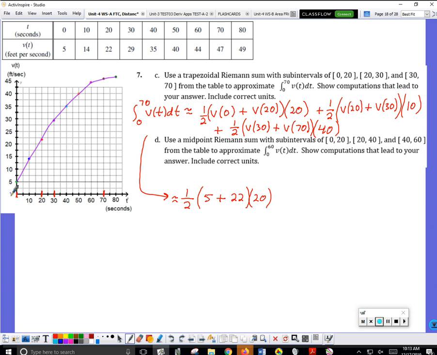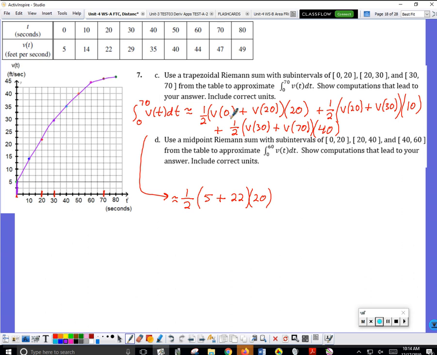Okay, trapezoidal is an average of the left and the right. So you go to the first subinterval, and you go to the left-hand side of the first subinterval, and you find the velocity on the left-hand side. So that's why I wrote up here v of 0. It's just like midpoint, left, and right.